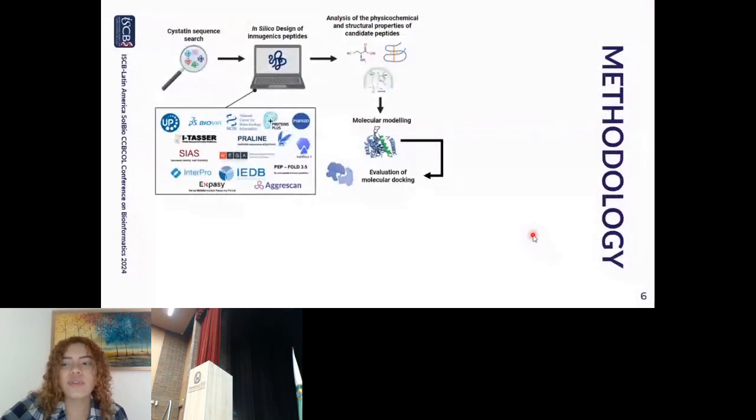To carry out this research, we began with the in silico design of the peptide. This included the search of the cystatin sequence in the biological databases, the prediction of B cell epitopes, and the analysis of the physical, chemical, and structural properties of candidate peptides. Also, we did the molecular modeling, which includes the design of the 3D structure and the validation of the model.